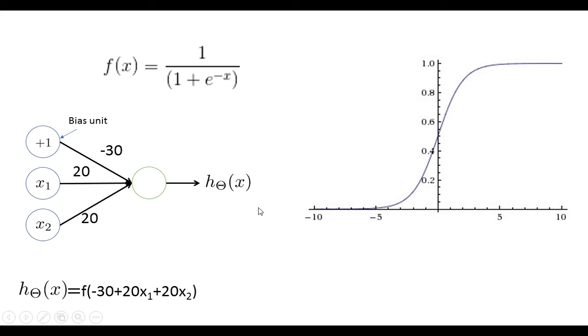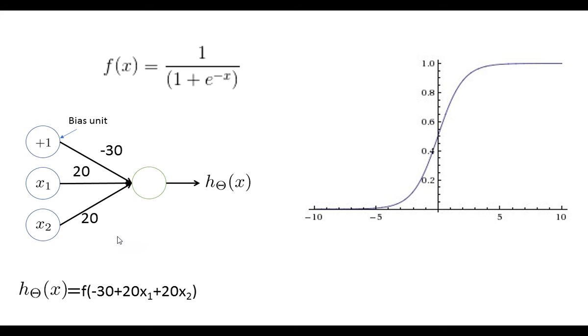So here I've introduced another unit. This is called a bias unit. This is also a learnable unit. Basically we have assumed the weights here, 20 and 20, and in a neural network we try to learn these weights. So if we have learned these weights, how do they function?